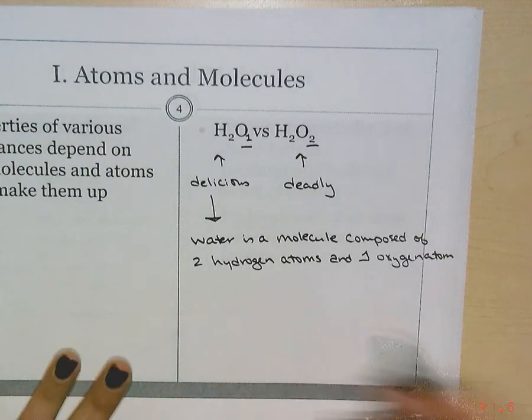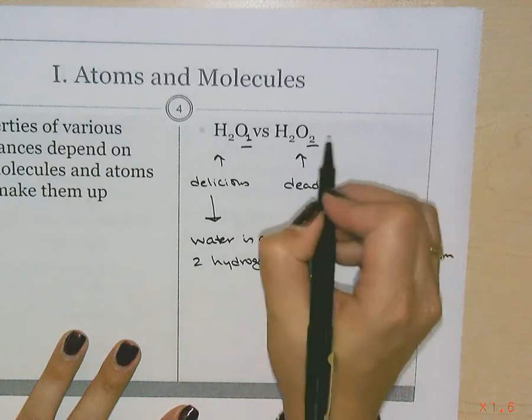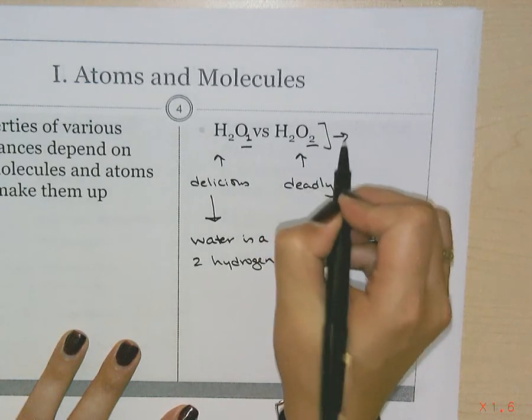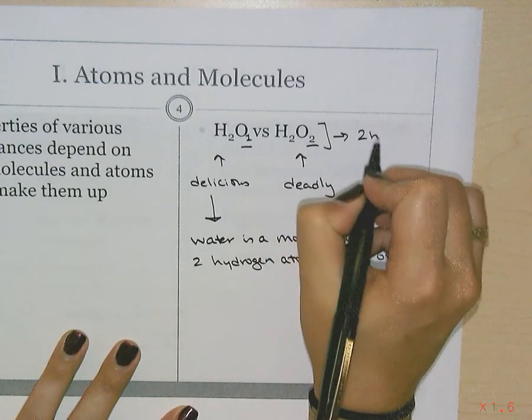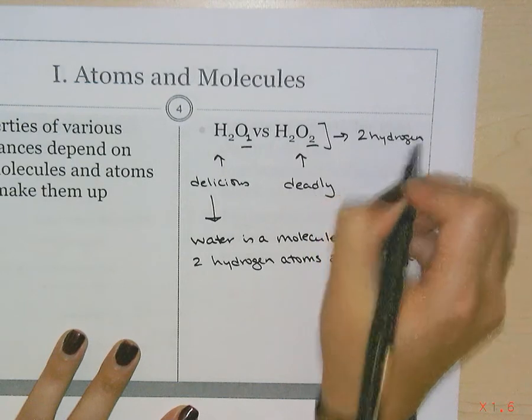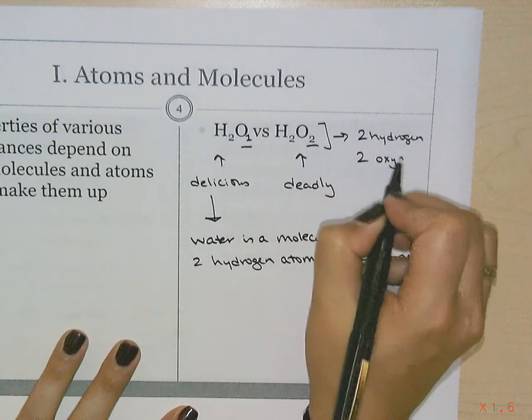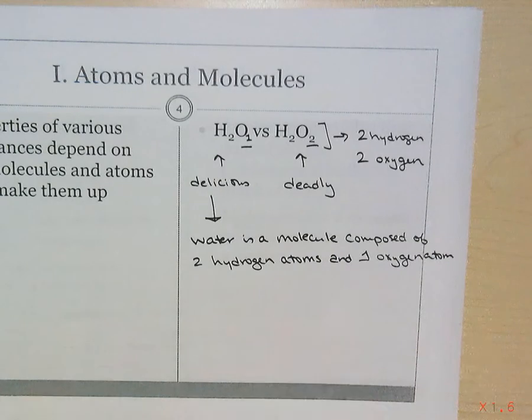A hydrogen peroxide over here is going to be composed of 2 hydrogen and 2 oxygen atoms.